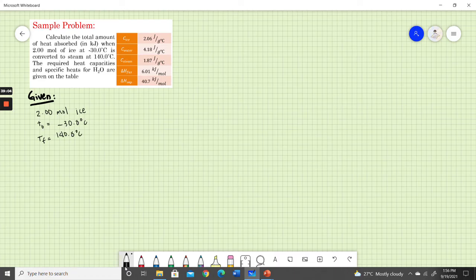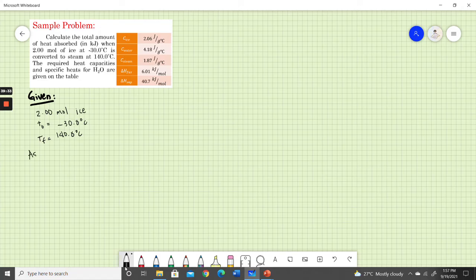Okay, but also think that these are not the immediate initial and final temperatures. Realize that since this is water, there are varying temperatures that we have to consider as well. The required heat capacities and the delta H fusion and delta H vaporization are also given.